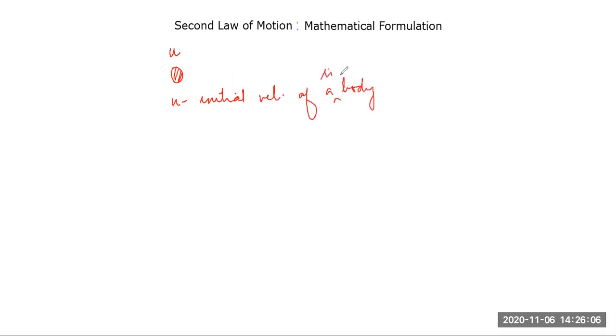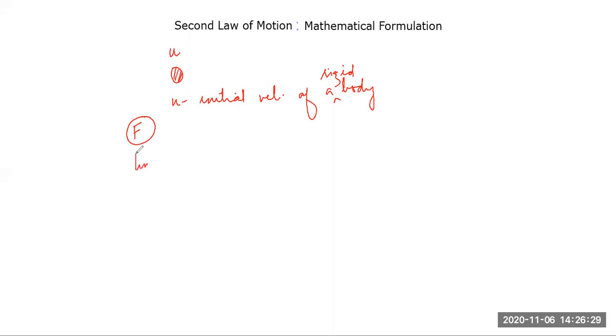I will take a rigid body. Now I apply some force F on this. We all have agreed that if we apply force, then only the velocity of the body will change. So let us say we are applying force for time t.